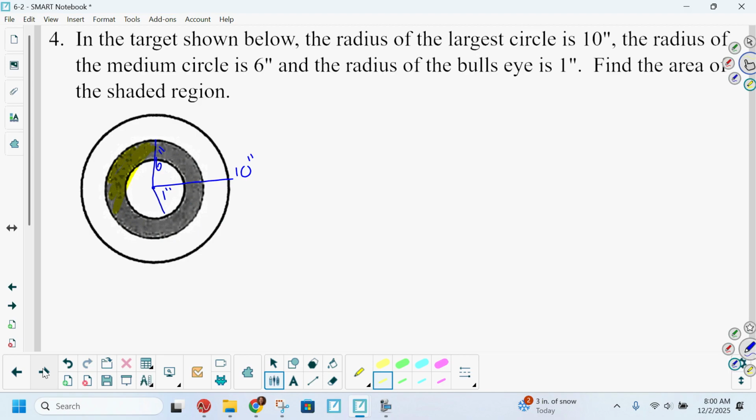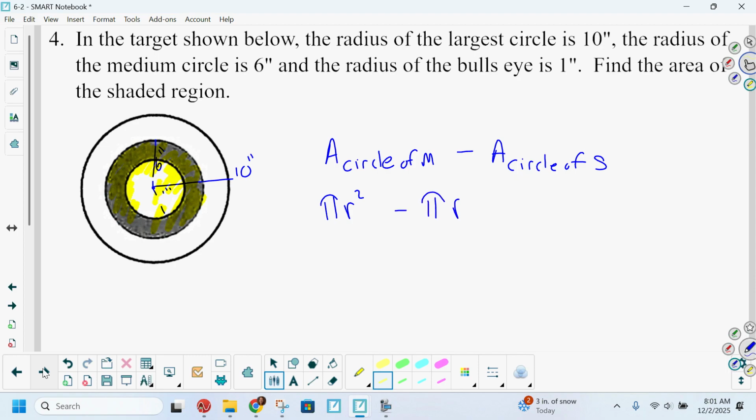If I find the area of the medium circle, the area of a circle is pi r squared. So if I find the area of the medium circle, what do I need to remove just to get the shaded region? The small circle. So I'm just going to take away the area of the small circle from the medium one.